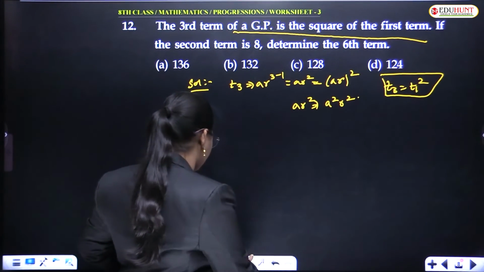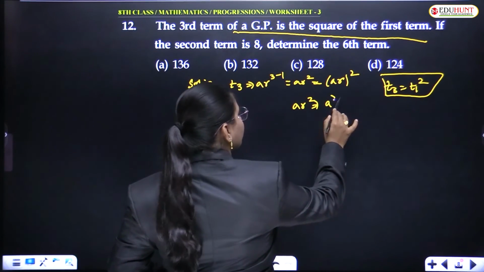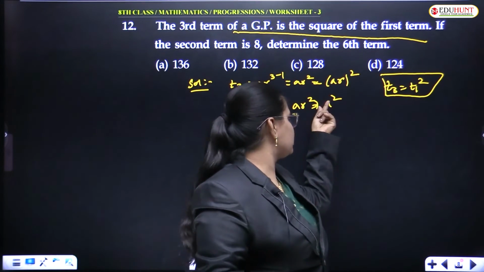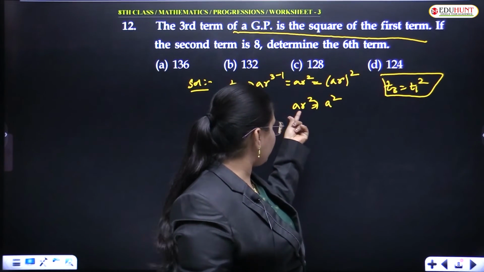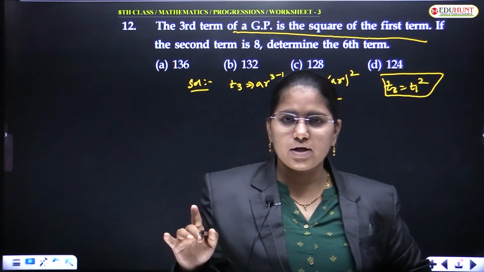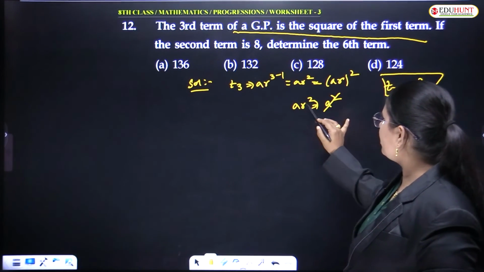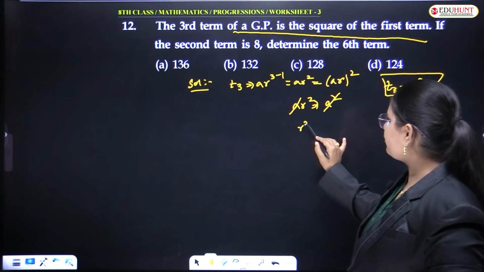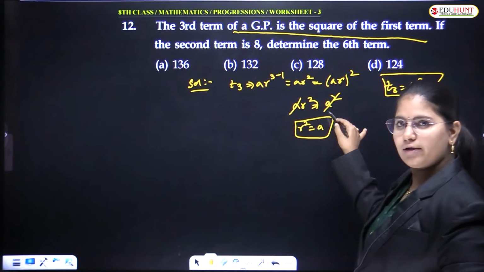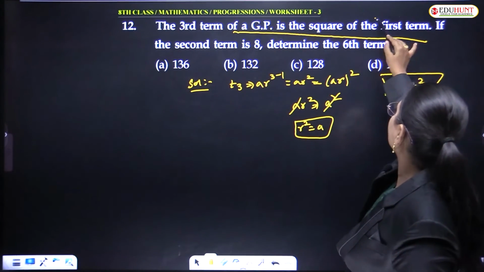The first term is nothing but a, so T1 is a. The third term is nothing but a r square. The third term is the square of the first term, so a r square is equal to a square. Am I correct? So cancel a on both sides. You will be left with r square is equal to a, since I cancelled one a and one more a is left over. So this is the first part of the question.